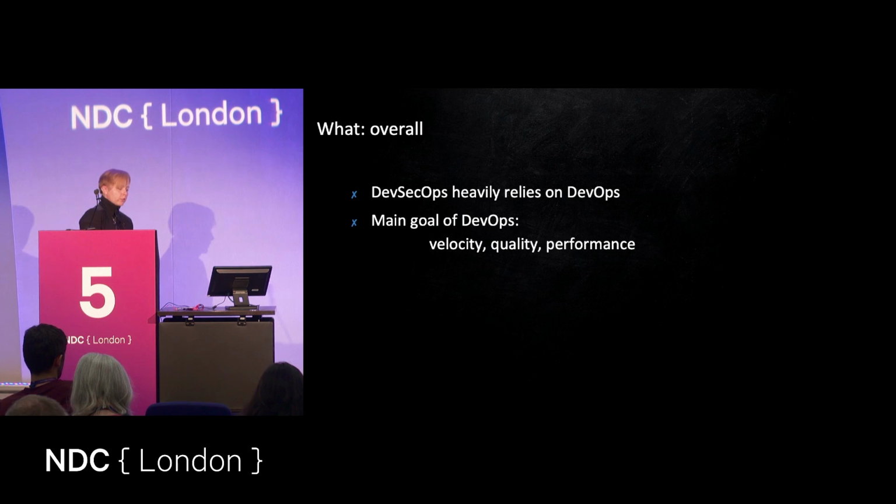So speaking about the metrics, like I mentioned, DevSecOps is heavily relying on DevOps. And the main goals are pretty much the same for DevOps and for security: the velocity, agility, and the performance. And again, we don't need to reinvent the wheel. We can look at what we have in DevOps when it comes to the measurement.